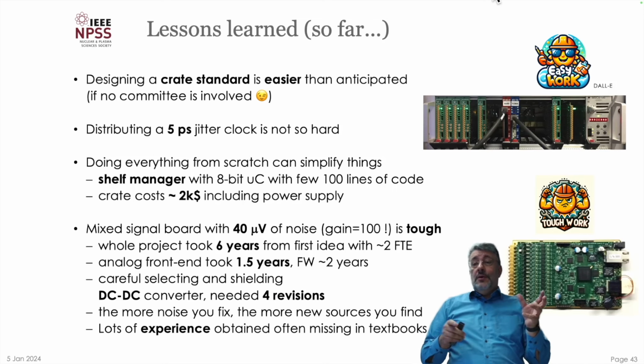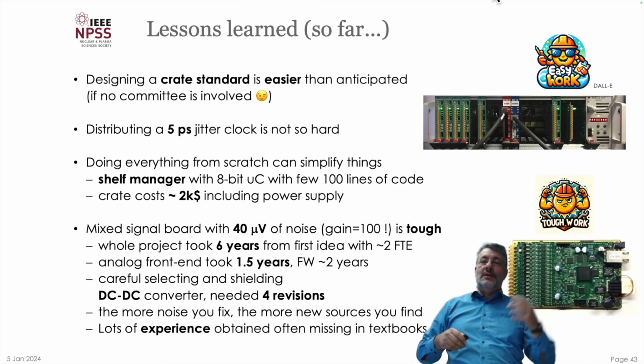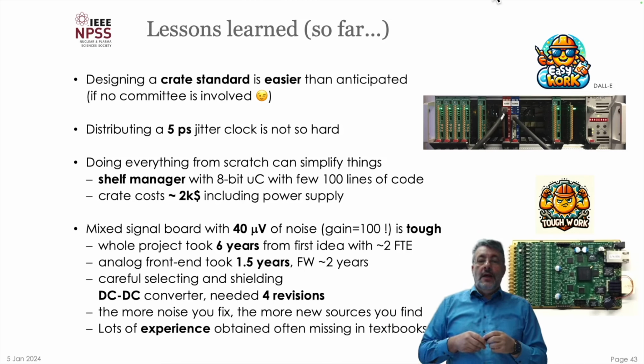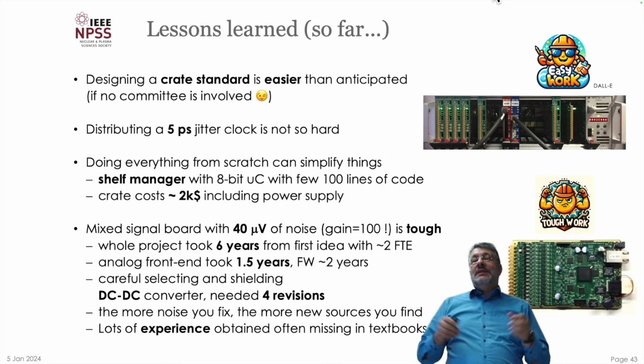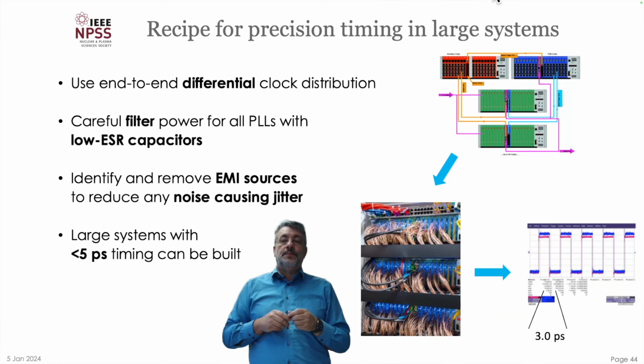And the more noise sources you find and fix, the more new ones you find, which are hidden below the bigger noise source. So lots of experience was gained, and much of this experience is not actually present in textbooks, and that's why we have this lecture here.